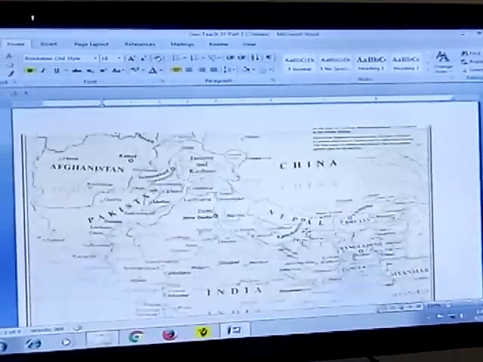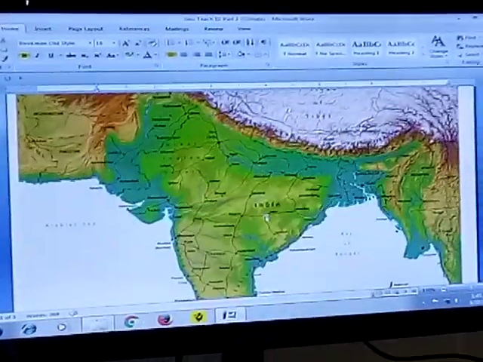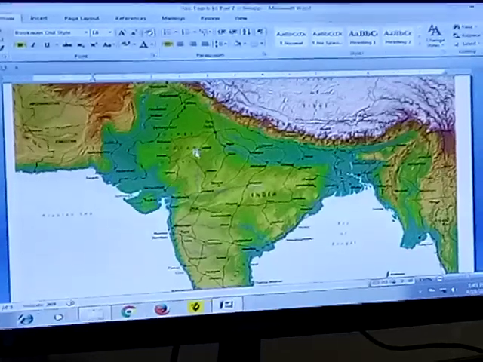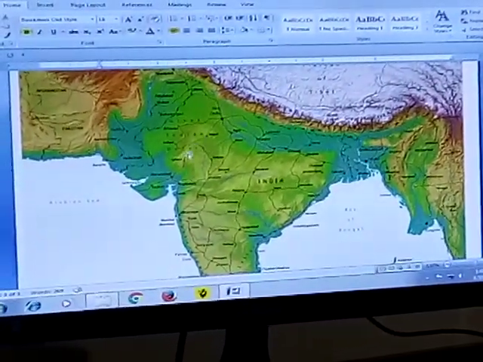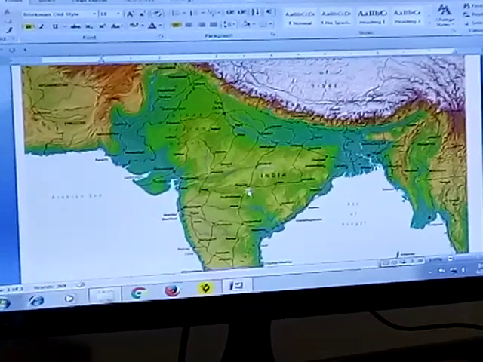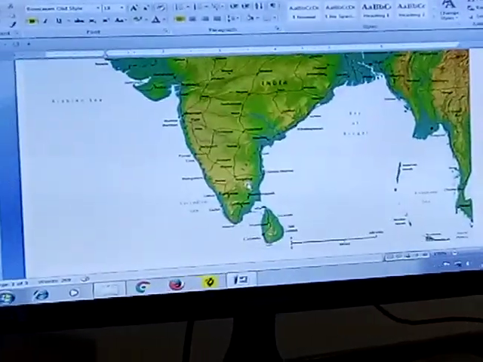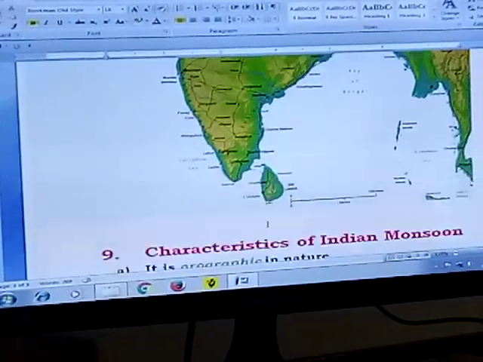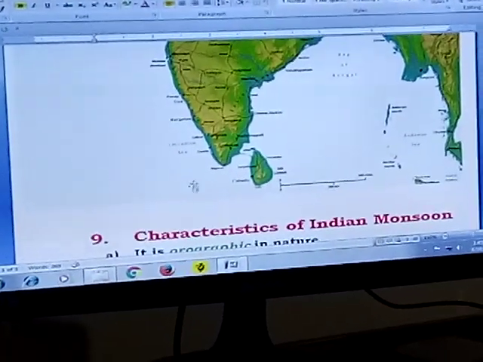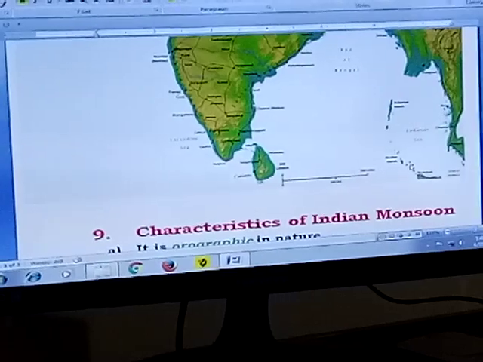Now, India is very much blessed. This is the only country, the whole country, that we call a monsoon type of climate, in general. Now, we have got the southwest monsoon, which actually comes from the Indian Ocean.